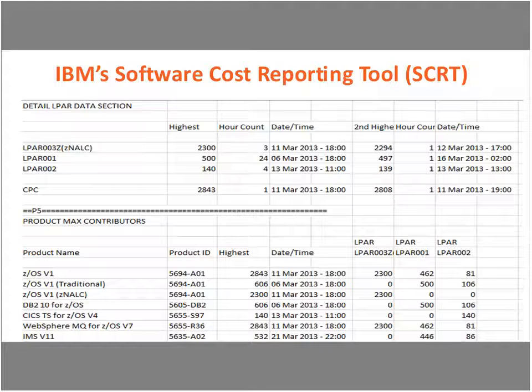In some electric areas, the rate you pay is different for peak time versus non-peak time, or if you go over a certain standard set number, you start paying a higher rate for those extra kilowatt hours. The SCRT report is similar. It shows the equivalent of kilowatt hours, the MSUs. It doesn't actually show the cost, though.